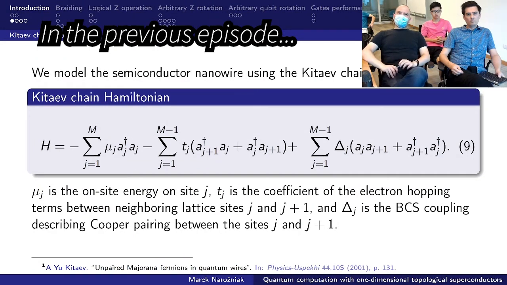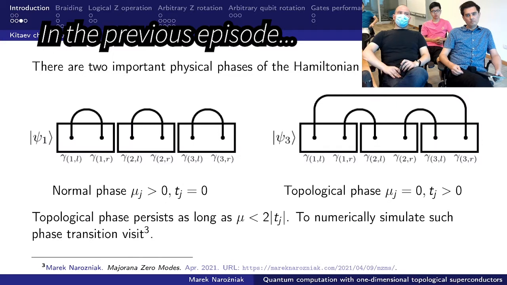The on-site lattice terms parametrized by mu, electron hopping terms parametrized by T, and the BCS coupling terms parametrized by delta. Fermions are delocalized between neighboring sites, and there is a special fermion which is highly delocalized between the furthermost sites, and that's the topological phase.